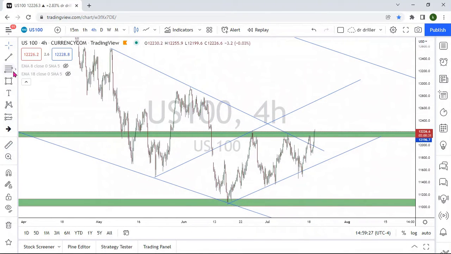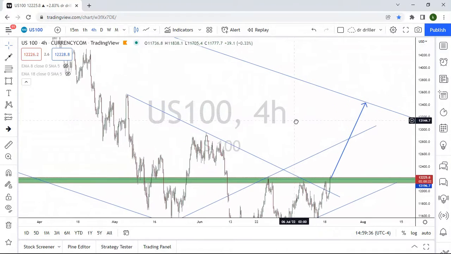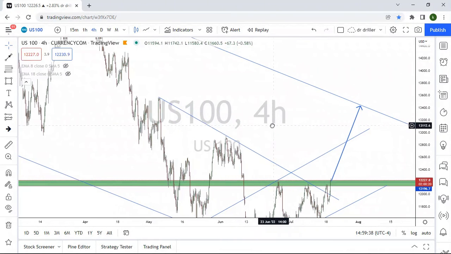Let's say my long-term target is for the market to come and trade just around that area, before saying anything about this market, right?